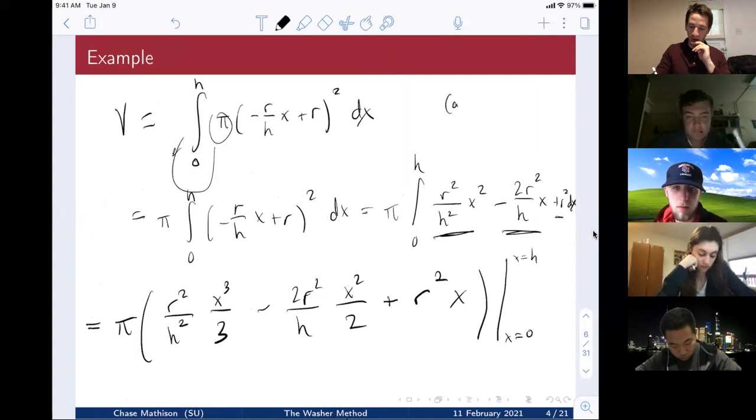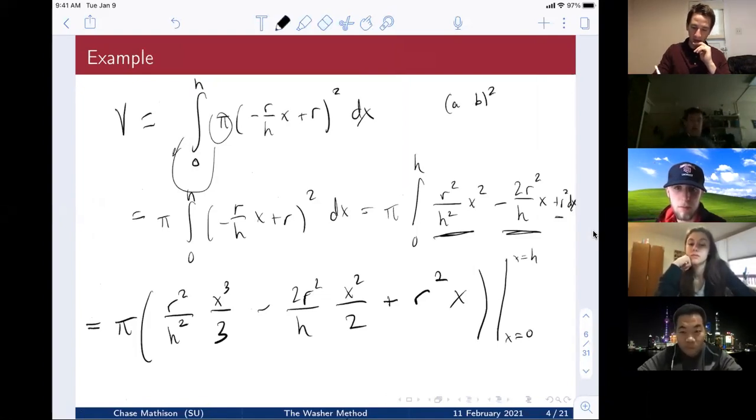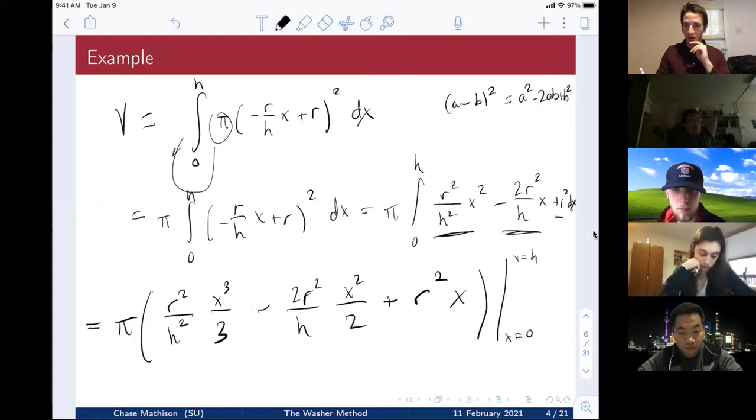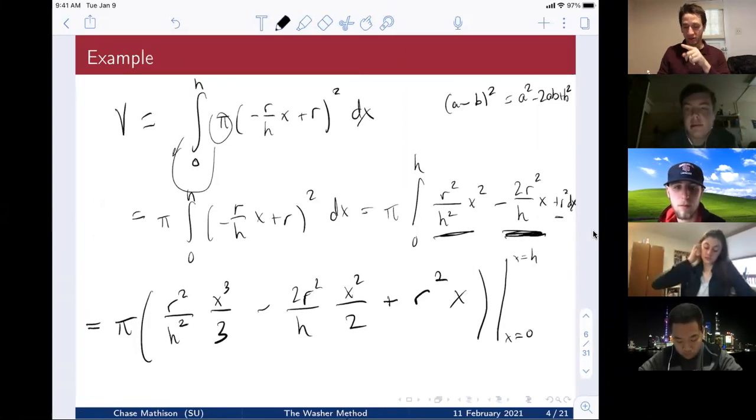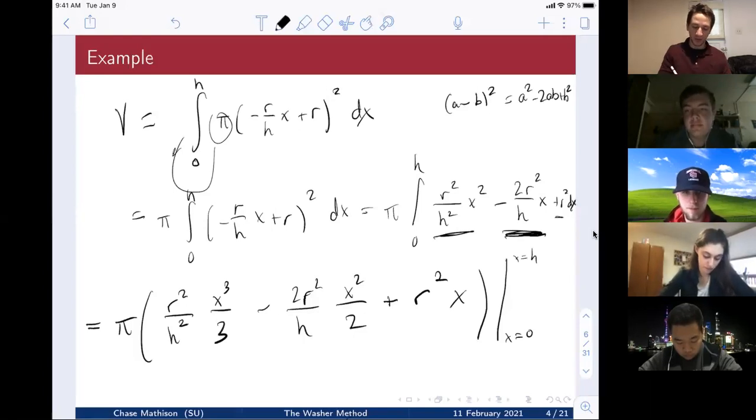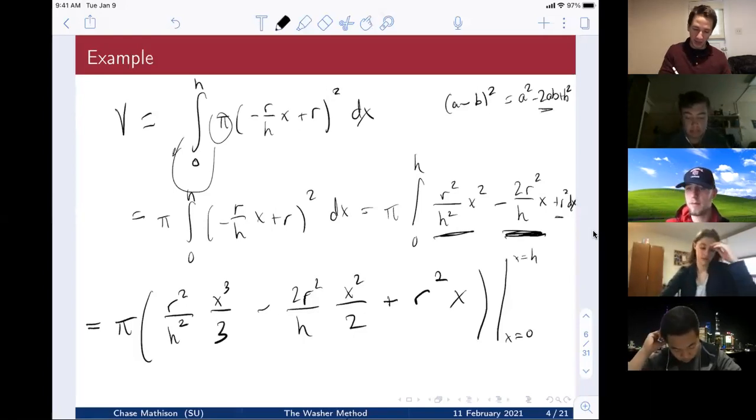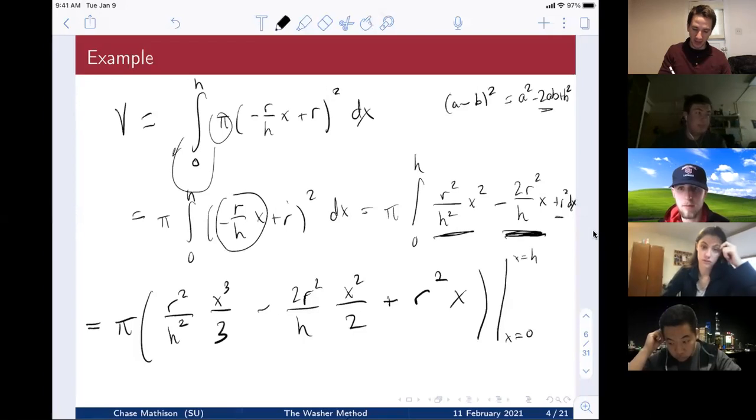If you square a minus b, you get a squared minus 2ab plus b squared. And so that minus 2r squared over h times x comes from minus 2 times that times that.